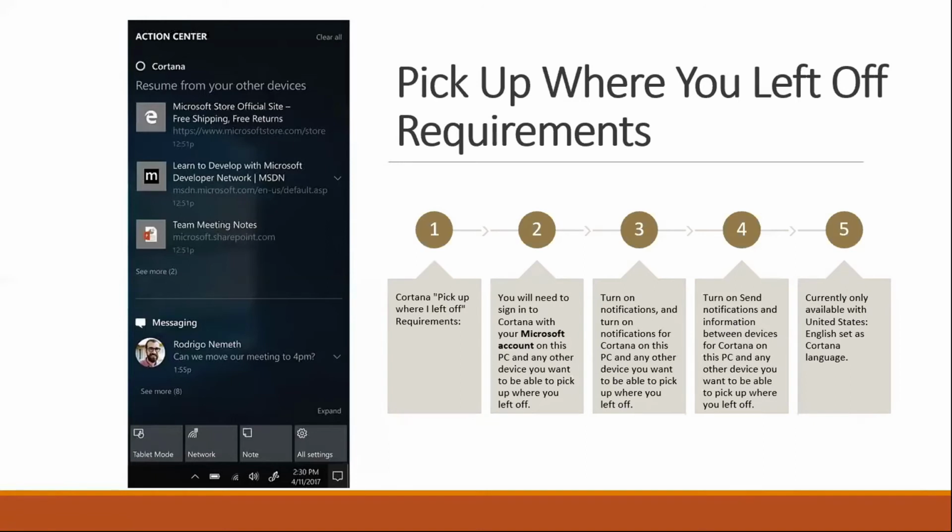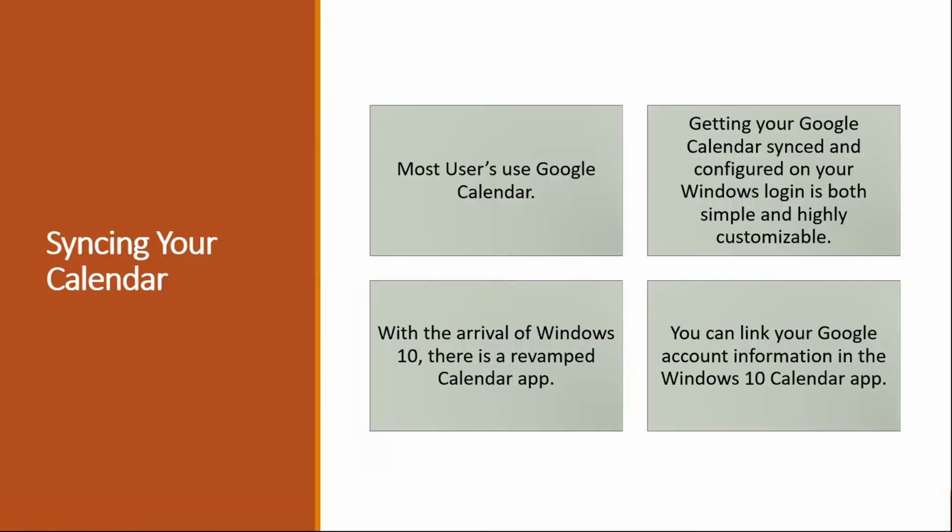Calendars are always an important thing to sync, and if you use a Google Calendar, you can get your events and dates synced to also show within Windows. With Windows 10, they revamped their calendar app, and they now allow you to use both the Google Calendar and the Windows 10 one.